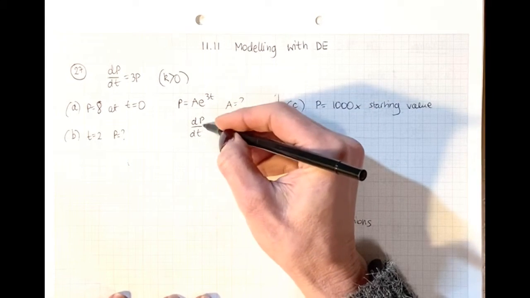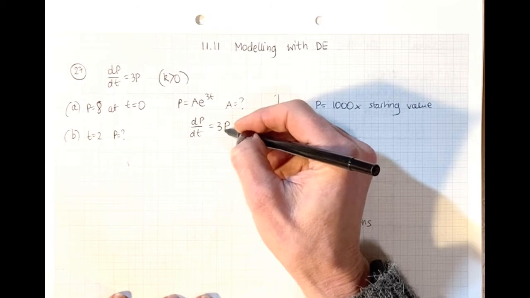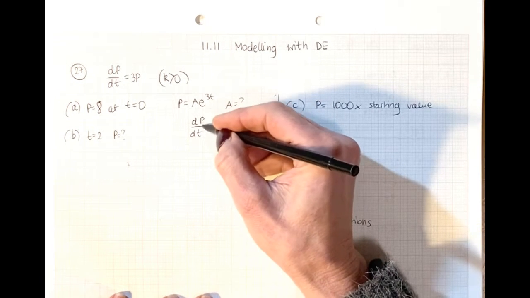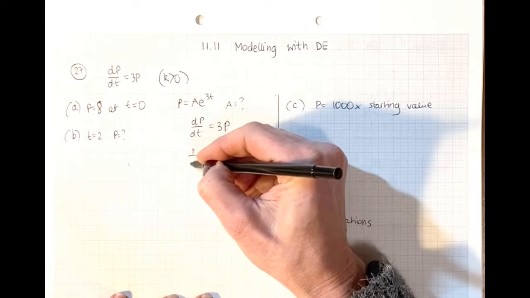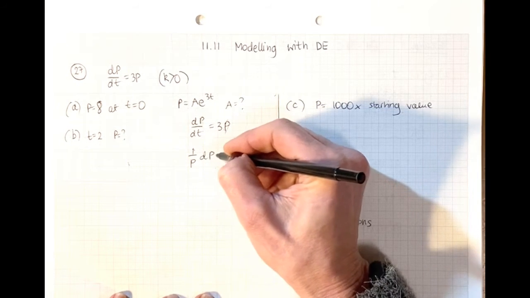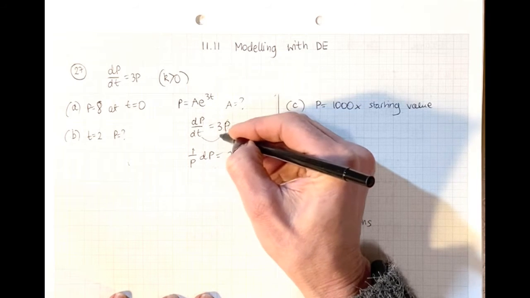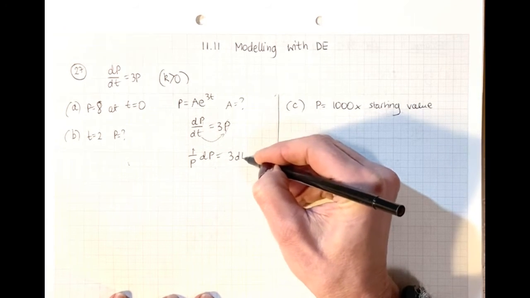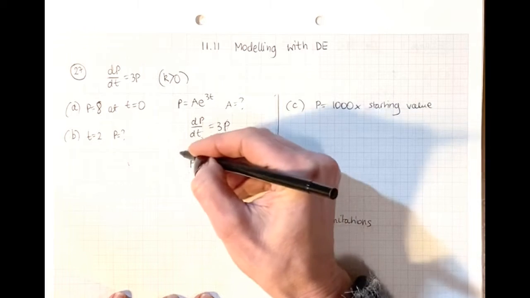So over here, what we need to do is simply solve this differential equation by separating the variables. So P acts as y and t acts as x. So P and dP need to go onto the left-hand side. So 1 over P dP, we'll leave 3 on that side and make dt join 3 on that side. Let's put the integral symbol.